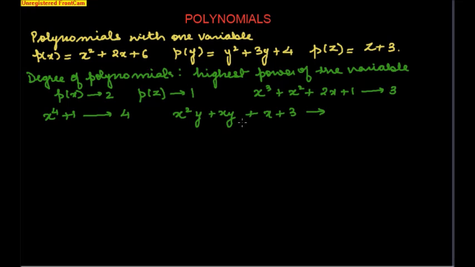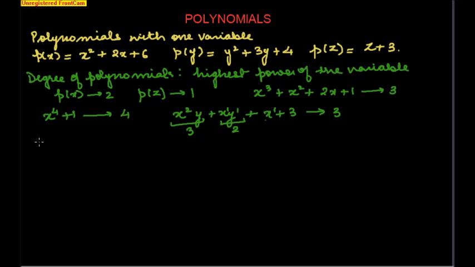So we calculate the degree of both the variables. Here we have only one variable and the power is 1. There are two variables in this term, with power 1 in both, so the combined power is 2. Here the power is 2 and 1, so the combined power is 3. Which is highest out of these? 3. So the degree becomes 3.